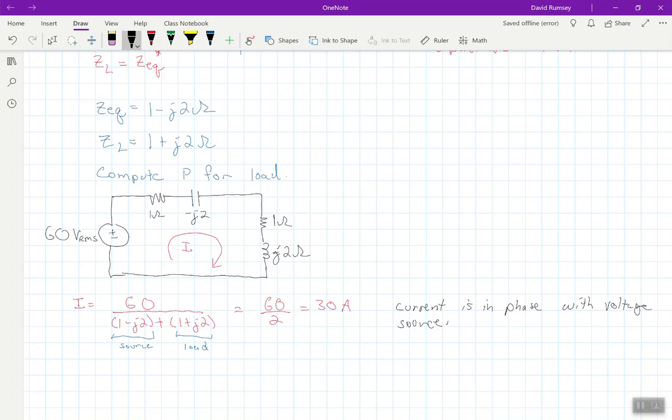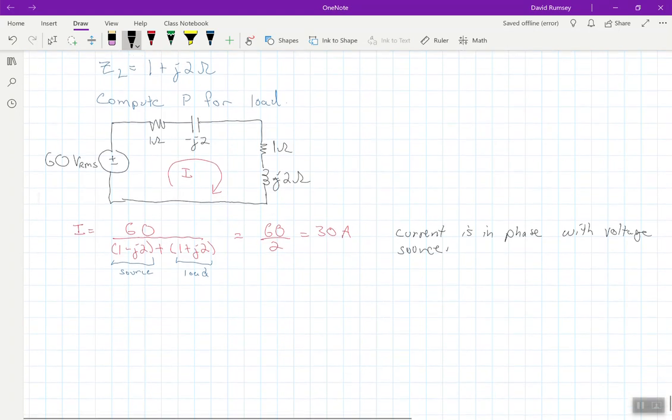So cosine of theta V minus theta I would be equal to 1. So I have a power factor of 1 for my source, which we know is the best power factor you can possibly have. So that has to be where I get maximum average power transfer. Now that does not mean the power factor for these loads is going to be 1. That's just saying the source is delivering the maximum average power it can.